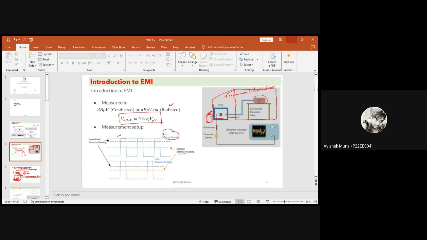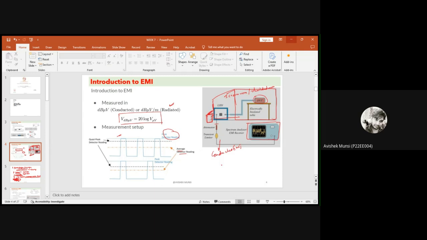And by using the probes, which I said the near field type of probes, we can see the nature of this by using a spectrum analyzer which is outside the screen room. Only our device and LISN is there in the shielded room, and this is for measuring the conducted EMI.